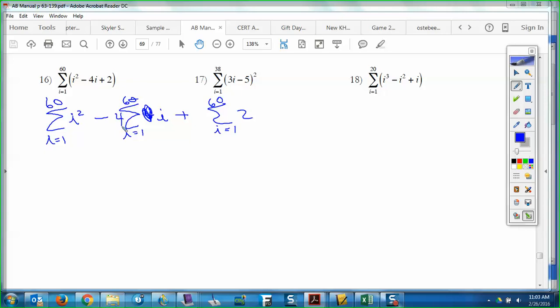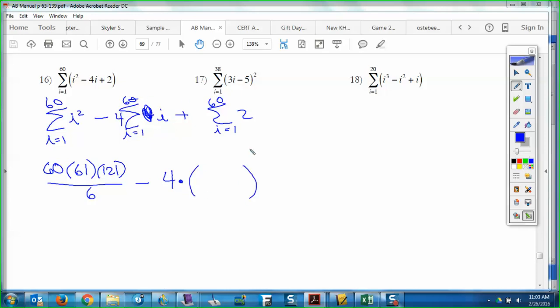There'll be maybe a few on the homework where you're doing this. So now, what was sigma i squared? It was n, which would be 60, times n plus 1, which is 61, times 2n plus 1, which would be 121, all over 6, minus 4 times sigma i.